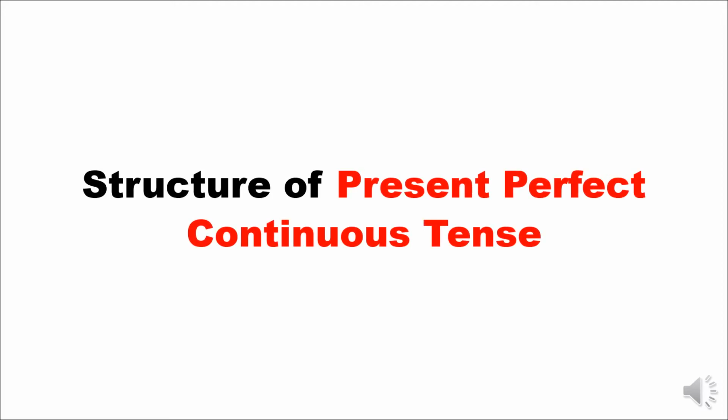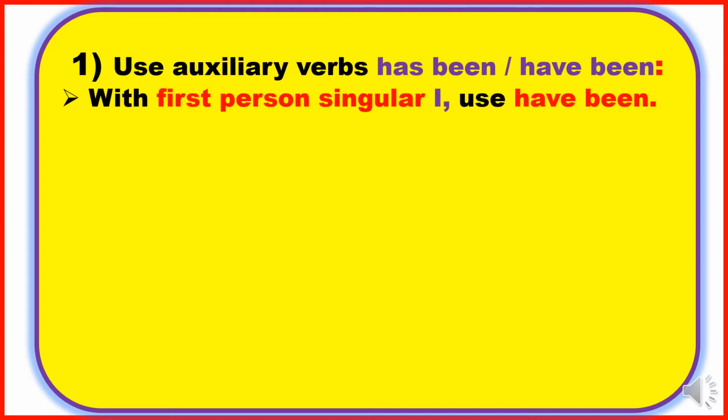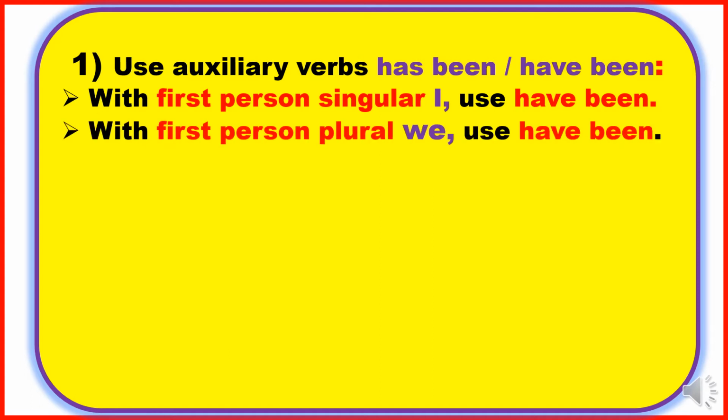Structure of present perfect continuous tense. Use auxiliary verbs has been or have been. With first person singular I, use have been.